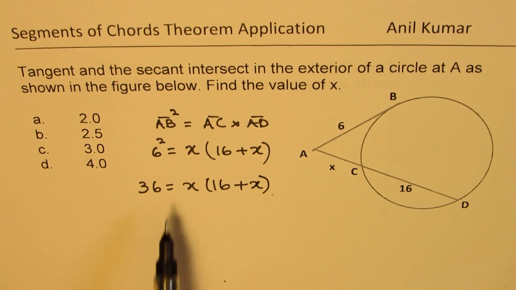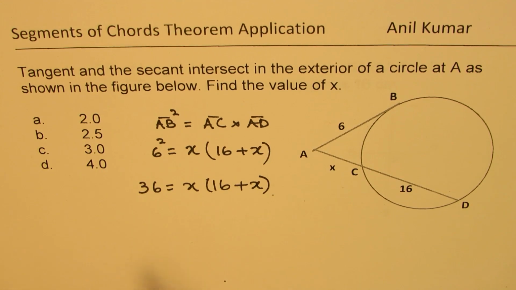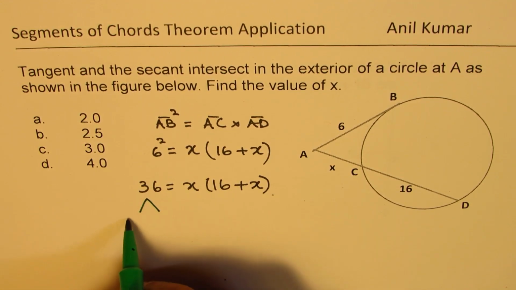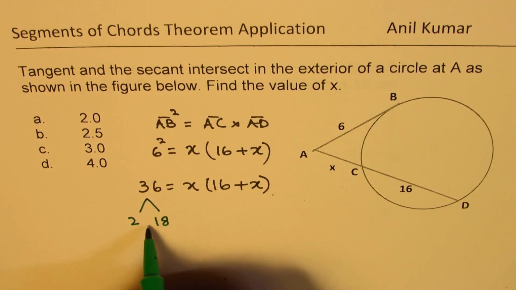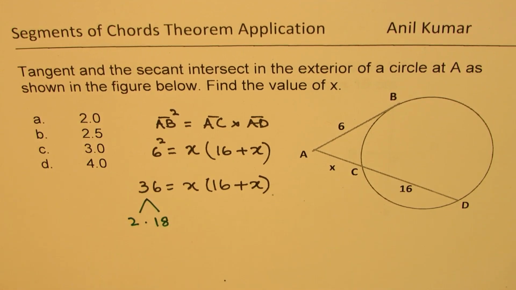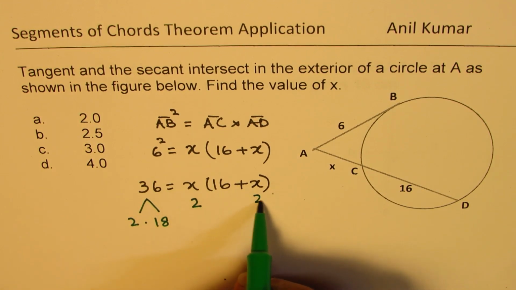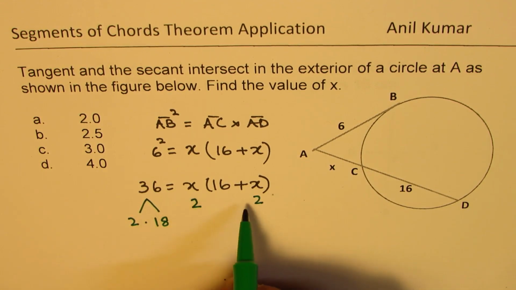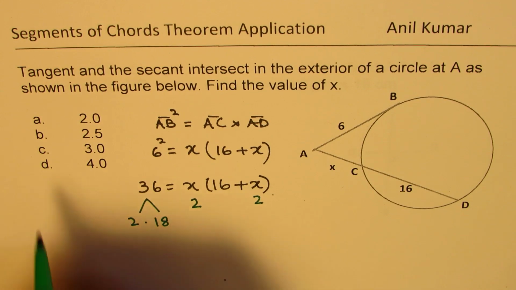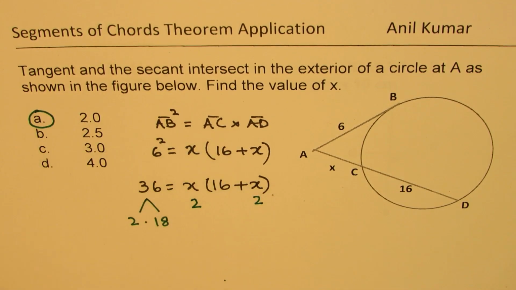Now you could factor and find the solution, but the easier method is that you can find the factors of 36. 36 could be written as 2 times 18, right? So 2 times 18 is 36. If you substitute 2 for X, you do get 2 times 18, right? So therefore, we can find that the value of X is 2.